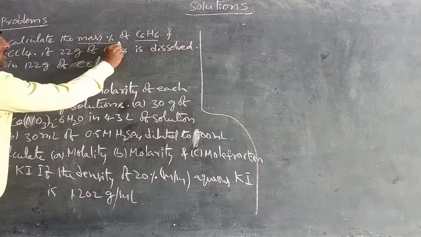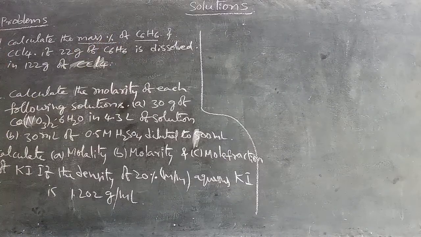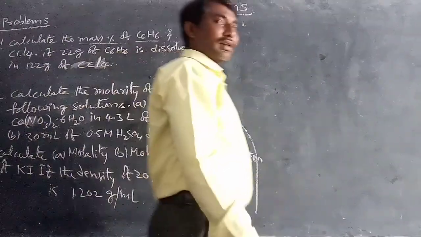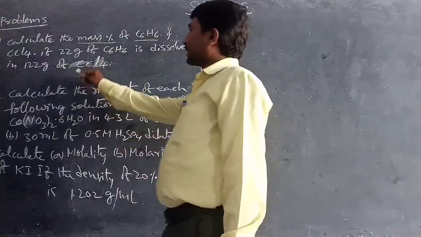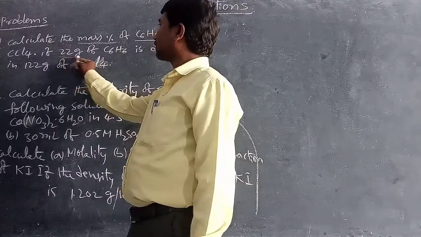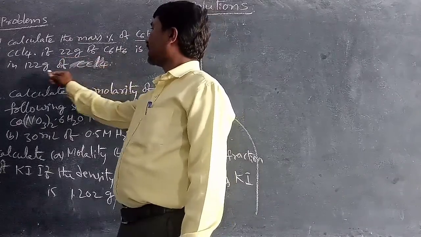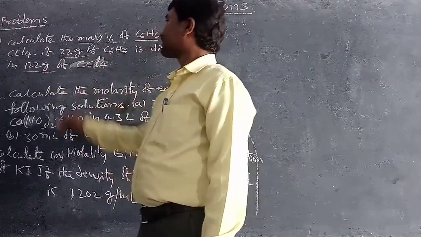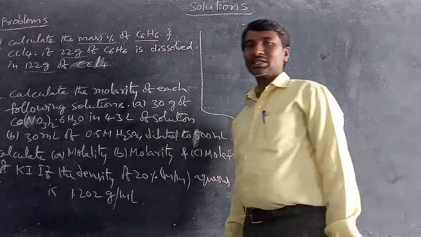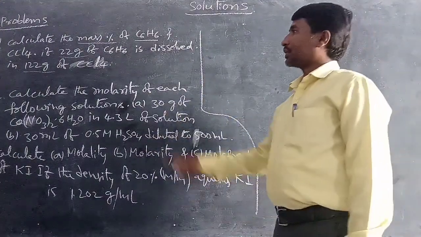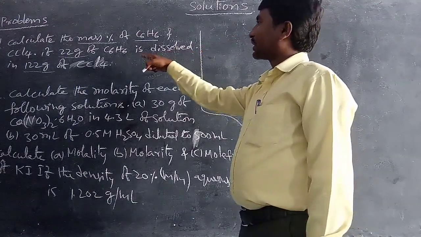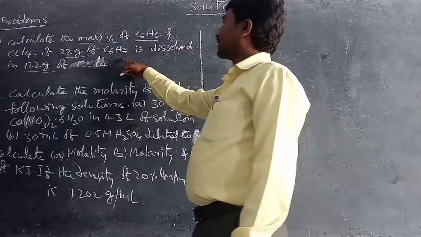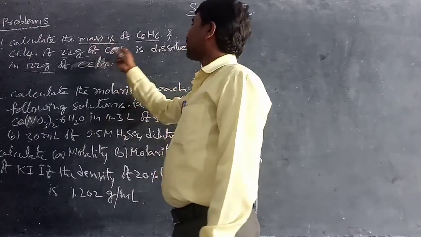So mass percentage will be calculated. The given data is 22 grams of C6H6 and 122 grams of CCl4. So here, first, calculate the mass percentage of benzene.